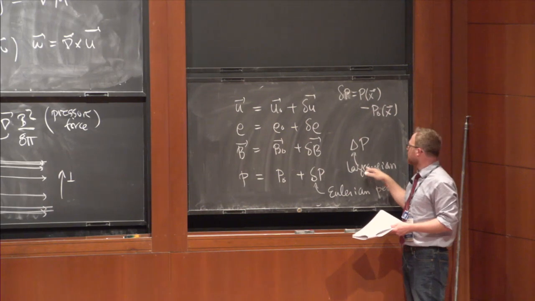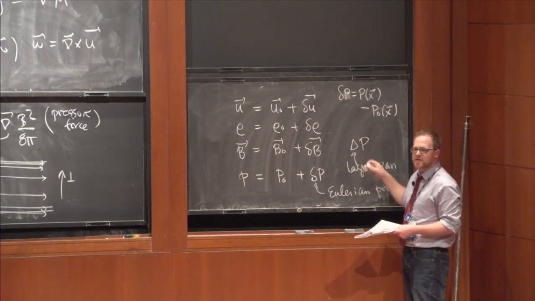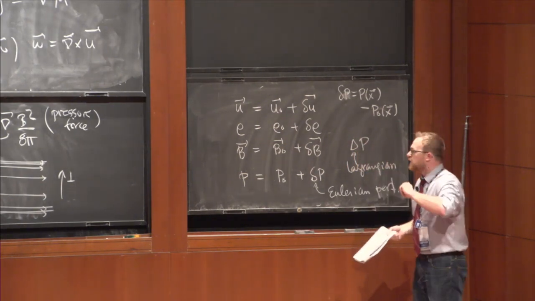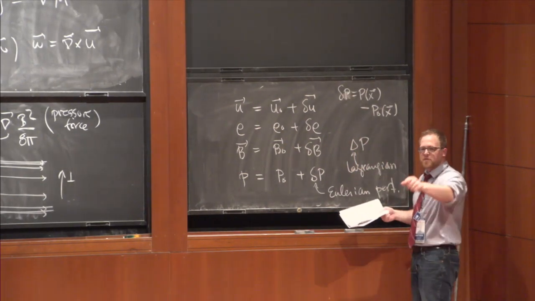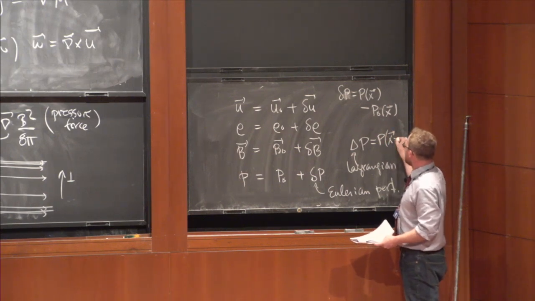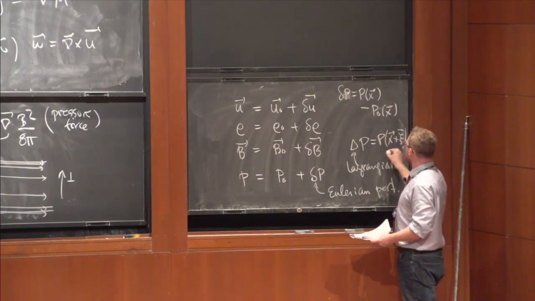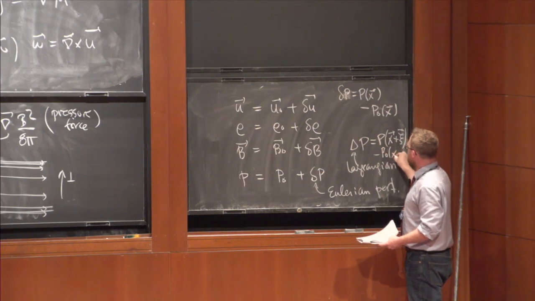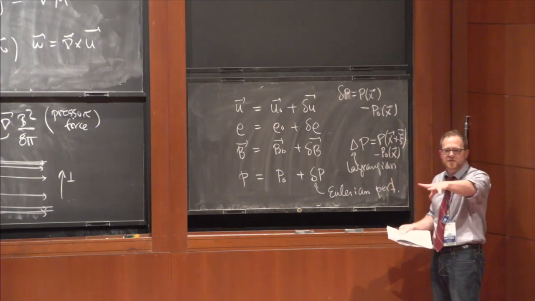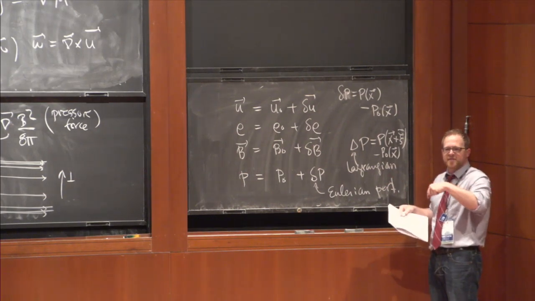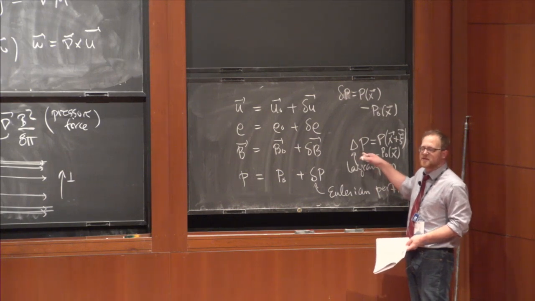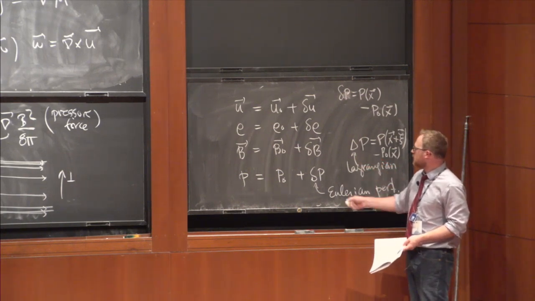The Lagrangian change, this big delta, just like the Lagrangian derivative, this big d by dt, is a change taken with the fluid element. So this is P at some position which has been displaced from the initial position. So some fluid element moves, the properties inside that fluid element change, and that's what this Lagrangian change is.